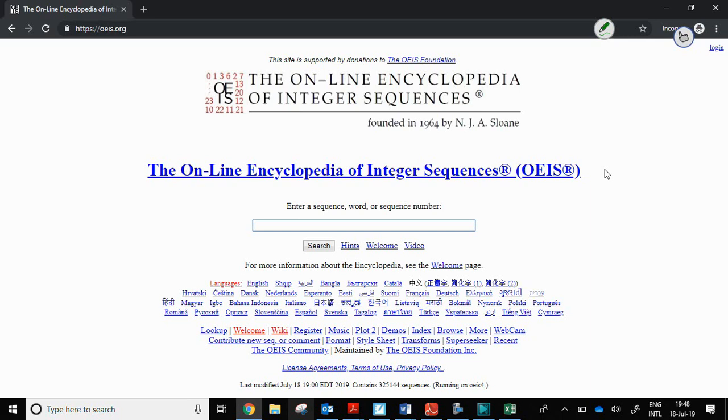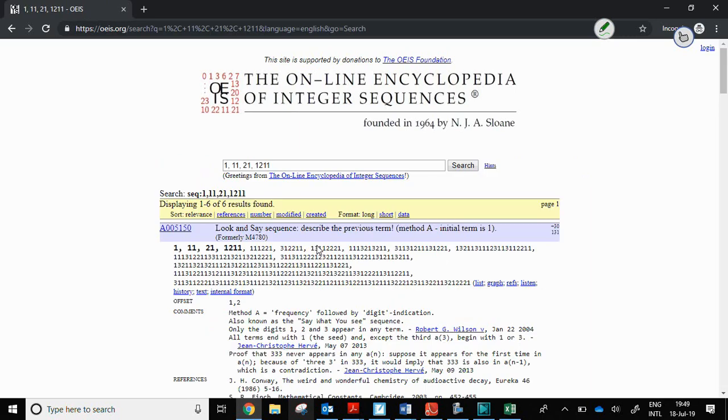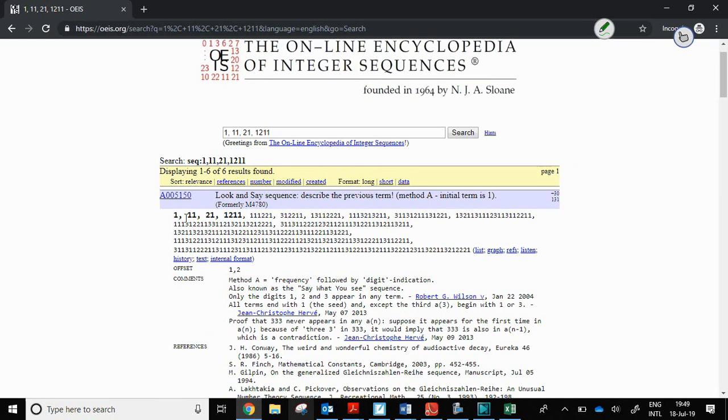So if I was really confused by the sequence that I just showed, I could just enter in, I think 4 terms should be enough, and this will search a gigantic database of integer sequences. And well, it's got 6 different results, but the most famous one right up top, the one it's suggesting, is the look and say sequence that I was just referencing.